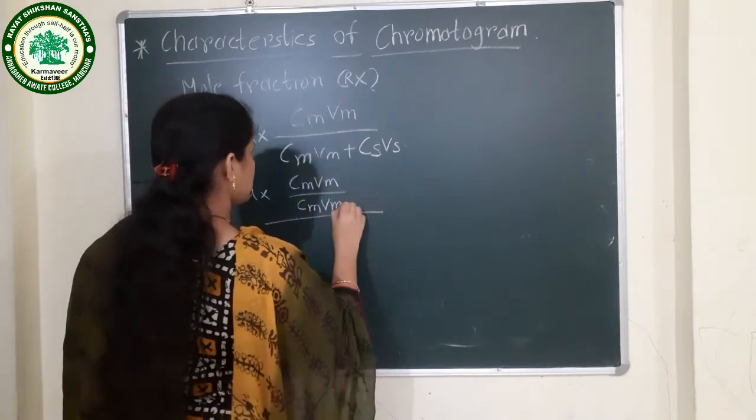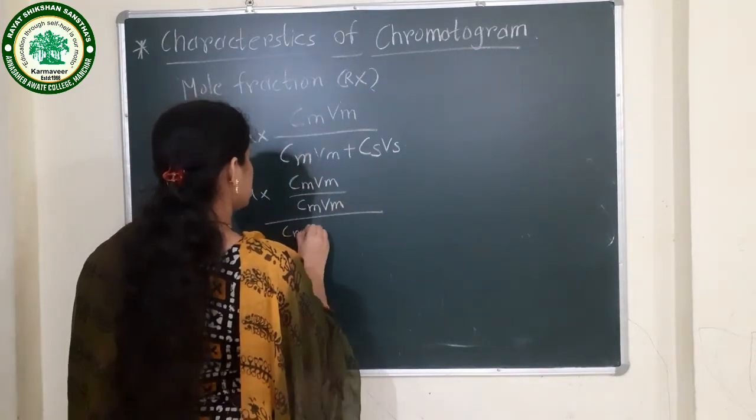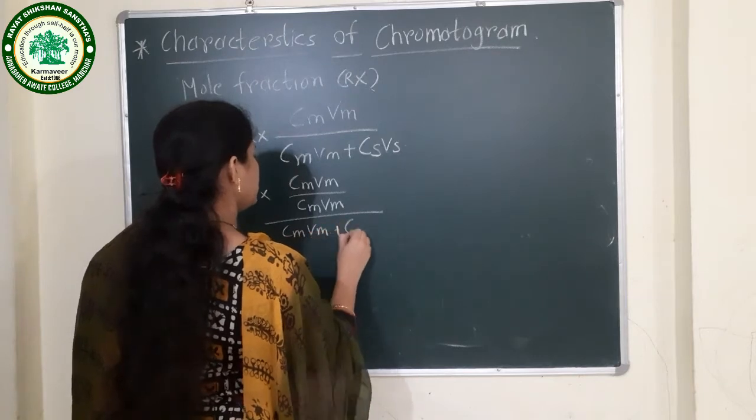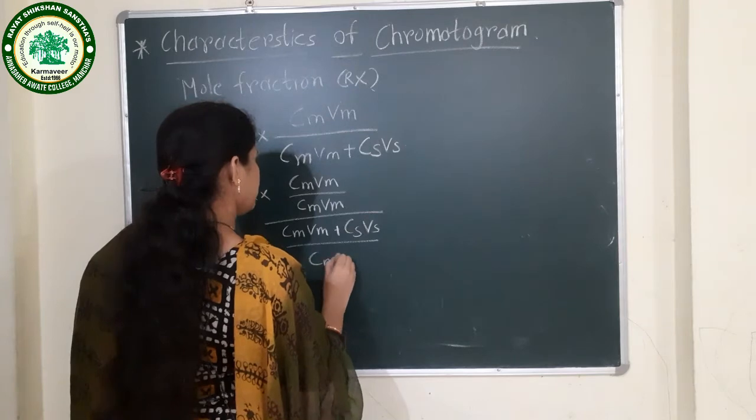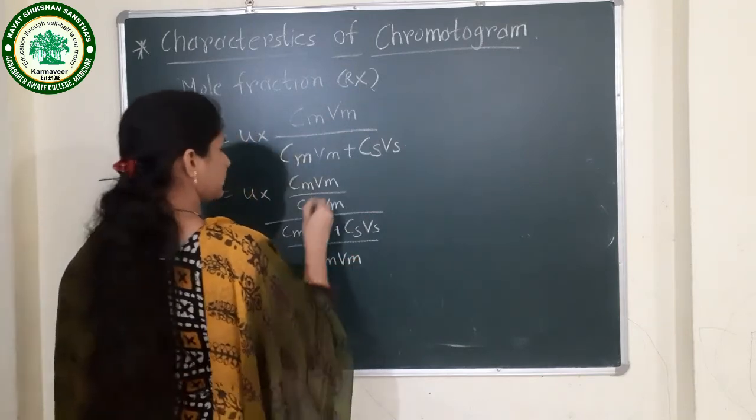Okay, CMVM plus CSVS divided by CMVM. What happened?